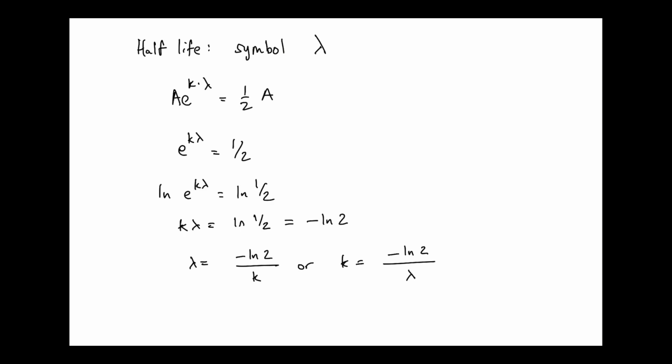Living things absorb and get rid of carbon through respiration and eating and things of that sort. The ratio of carbon-12 to carbon-14 in living tissue stays roughly constant.